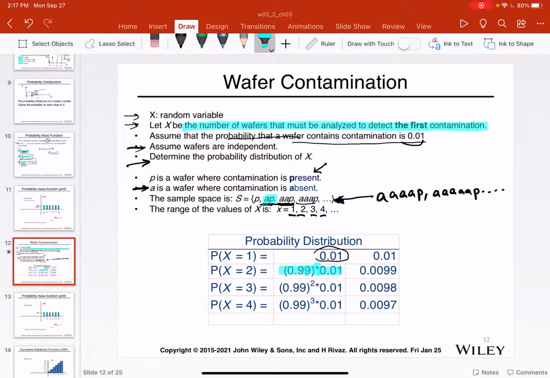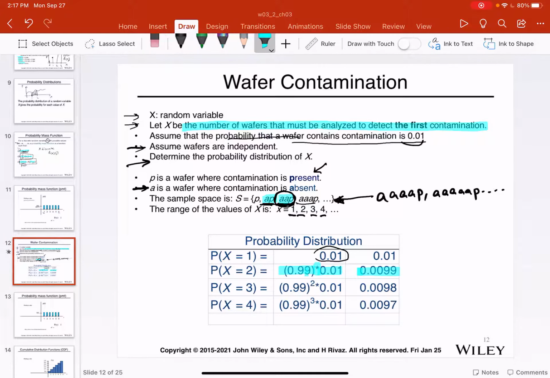Because they are independent. Otherwise, I couldn't have multiplied. So that's this number. And then X equal to 3: here I have a total of 3 experiments, so in this case, I'm testing three parts.